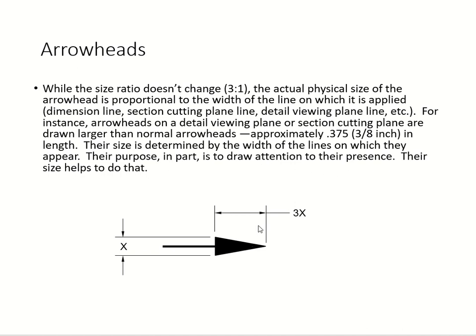Sometimes we draw it a little bit larger, like when you're dealing with a detail view plane, or when you're doing sectioning, the section cutting plane. At that time, we draw it a little bit bigger than your normal arrowhead, about 0.375, 3/8 inch in length.